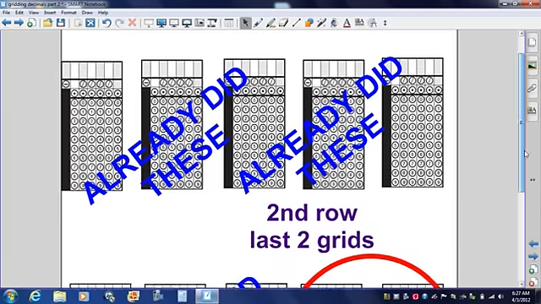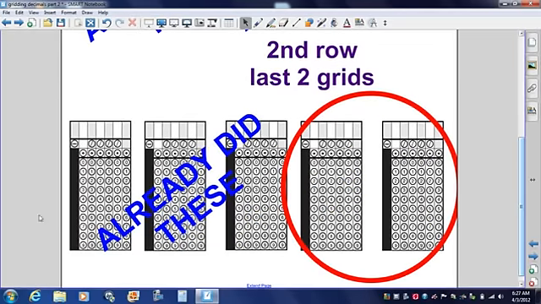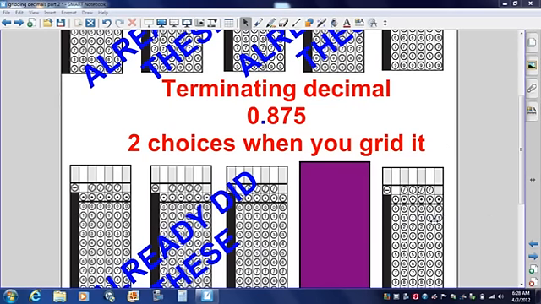All right, for today's podcast, we're going to use the second row of grids. We've already done the first 3. We're going to do the last 2 grids in the second row today. All right, guys. If you had a terminating decimal, a decimal that comes to an end or stops on the FCAT, such as 0.875, you have 2 choices on how you can grid it in.